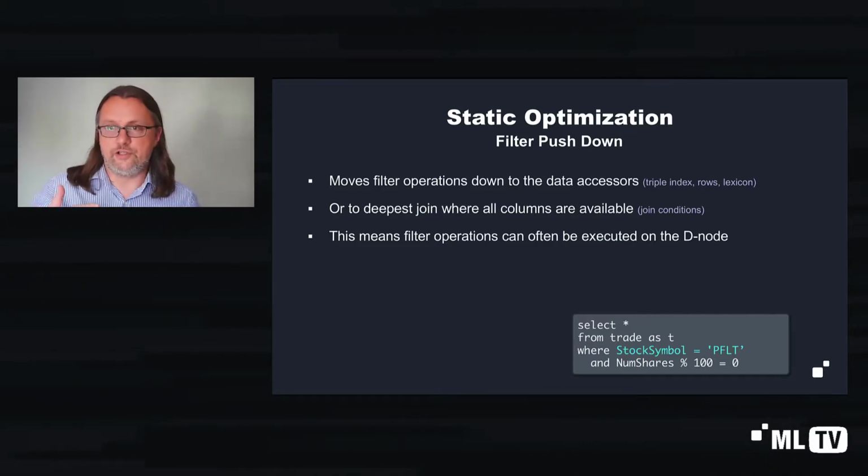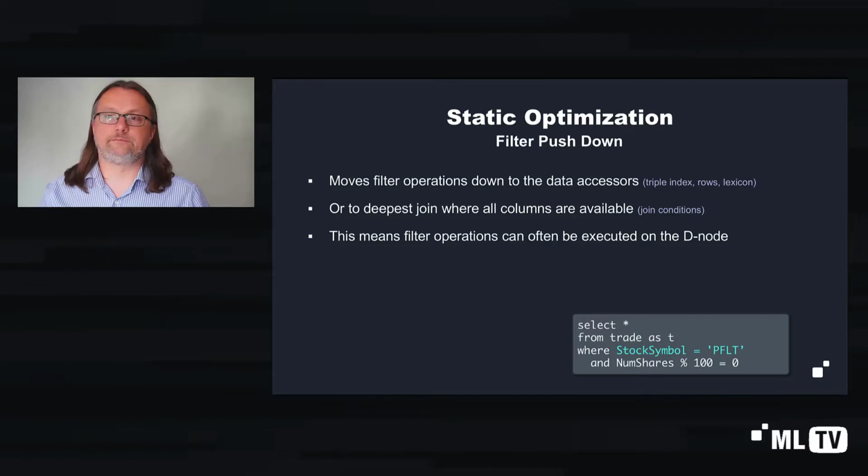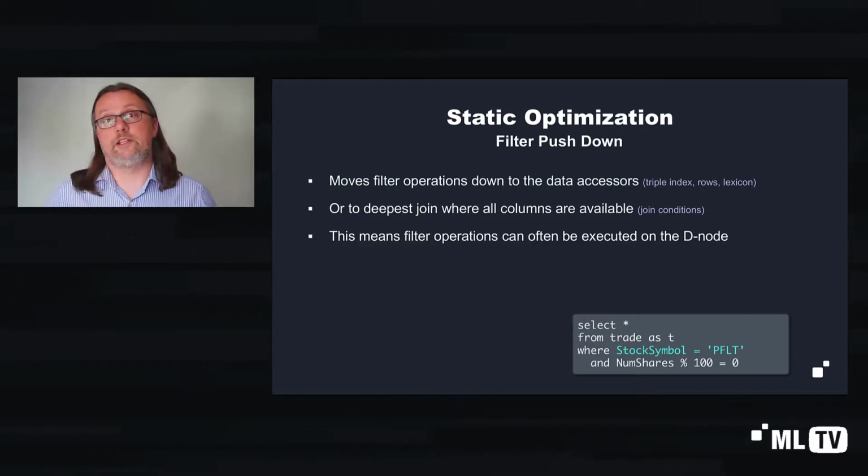If it gets attached to a join, then it's likely that it becomes a join condition, and that join becomes more efficient. Often when we push filters down in this way, that means their execution can also be moved to the D node rather than happening on the E node. And that means that it can happen in parallel and be more efficient as well.